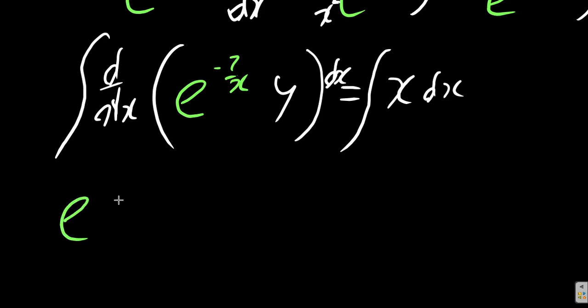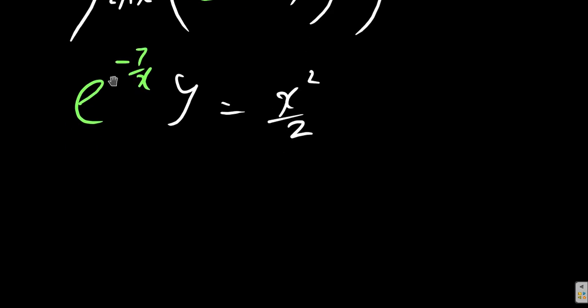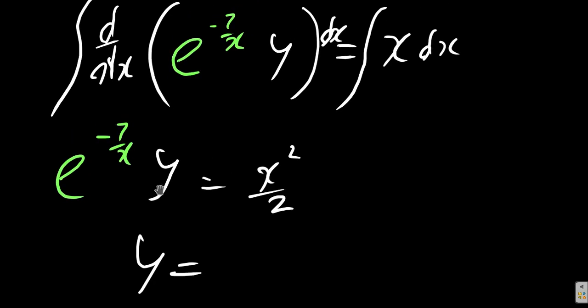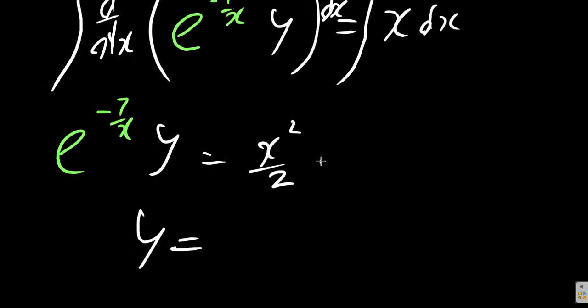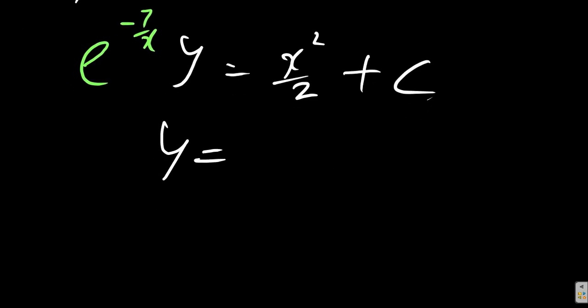So we have e to the negative 7 over x y equal the integral of x, which is x squared over 2. Oh, by the way, plus c, the constant of integration, we use that here now.